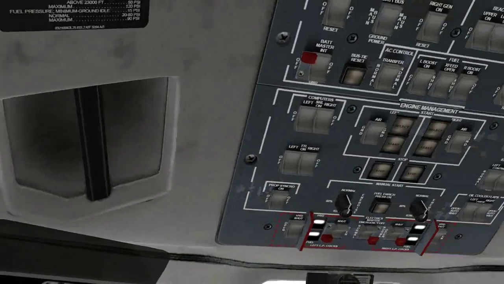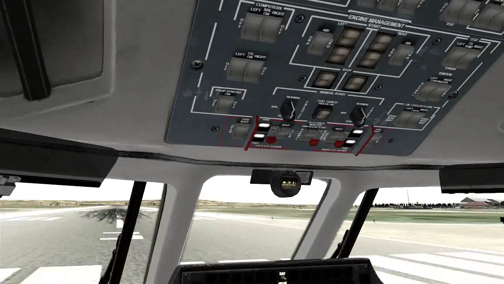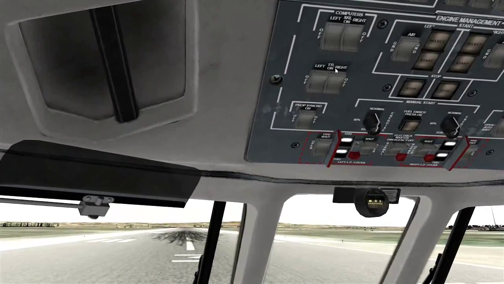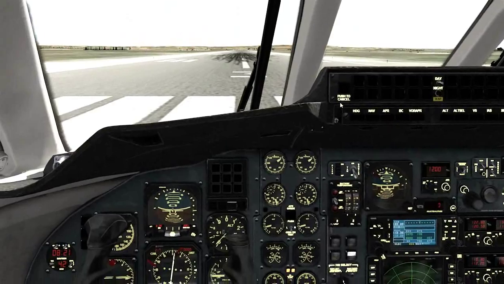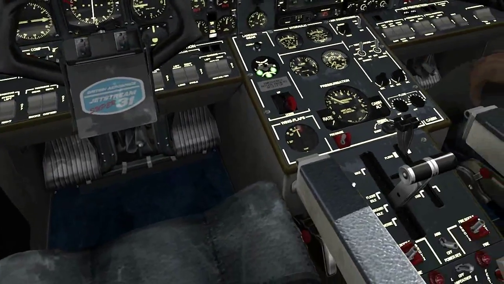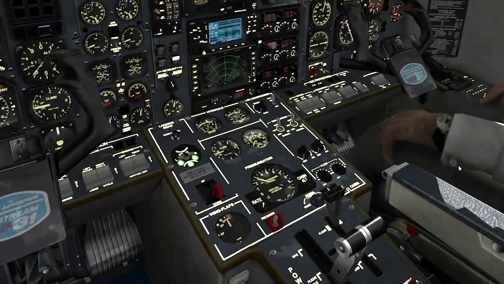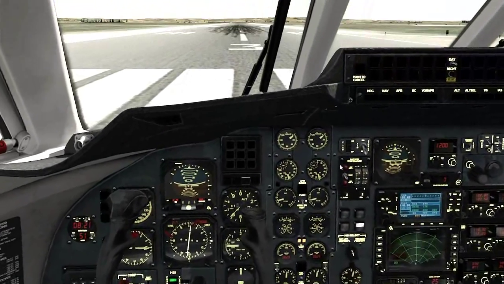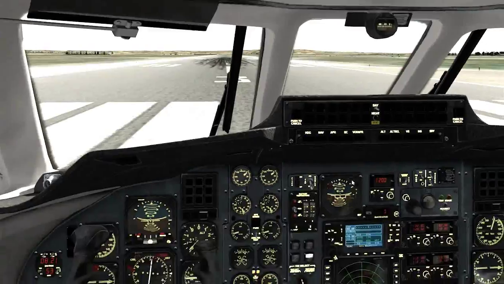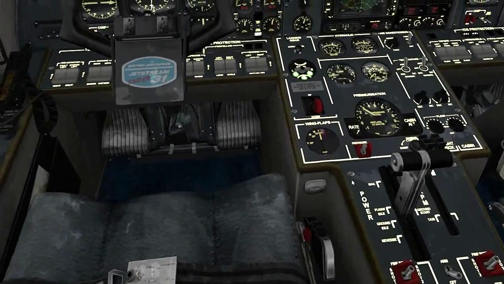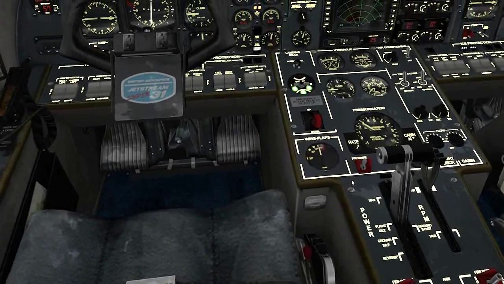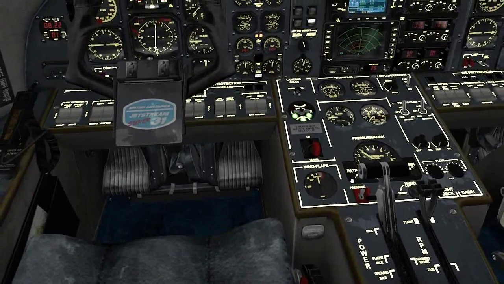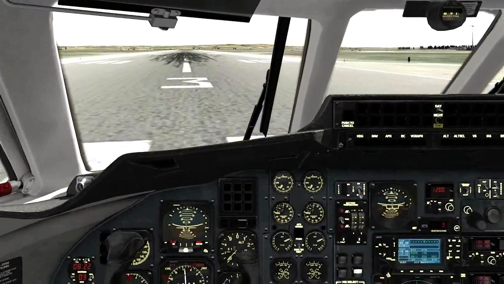Okay, and what I'm going to show you is what happens if you don't switch these TTL computers. I'm going to do it with both engines, so you can check what is happening there. So we advance the throttles. Too much strong.